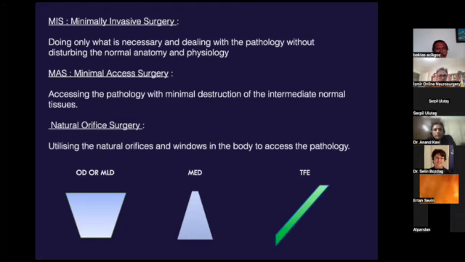Now, these are the three representative diagrams of the three approaches. The left-hand side quadrilateral diagram is of the open disc decompression or microlumbar decompression, where the skin incision was large and there was a lot of stripping of soft tissues so that we could gain sight, we could see in the depth in the spinal canal.